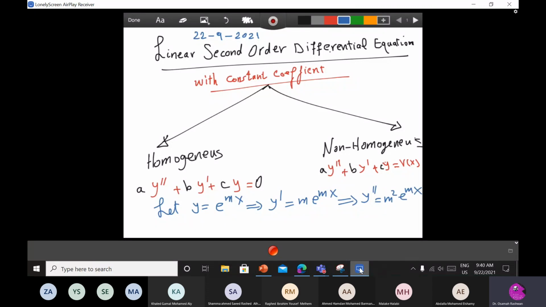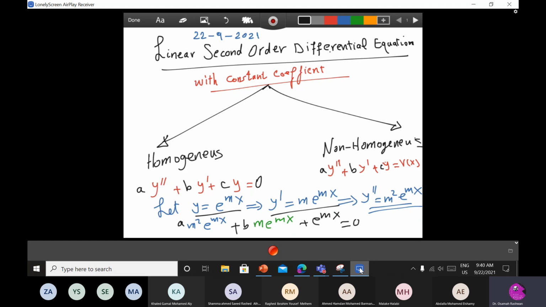If you substitute in the differential equation, you have a y double dash, m squared e to the mx, plus b, what's y dash? m e to the mx. What is y? e to the mx, equal to 0.